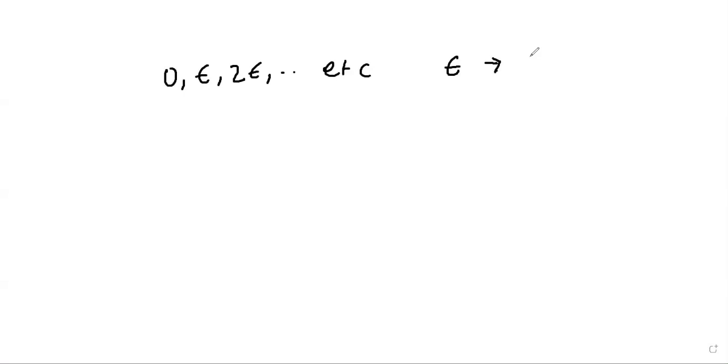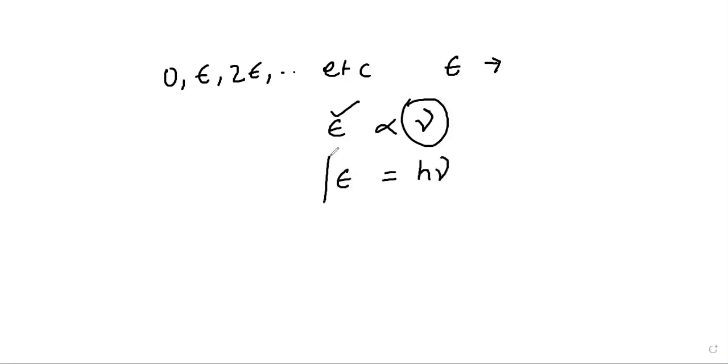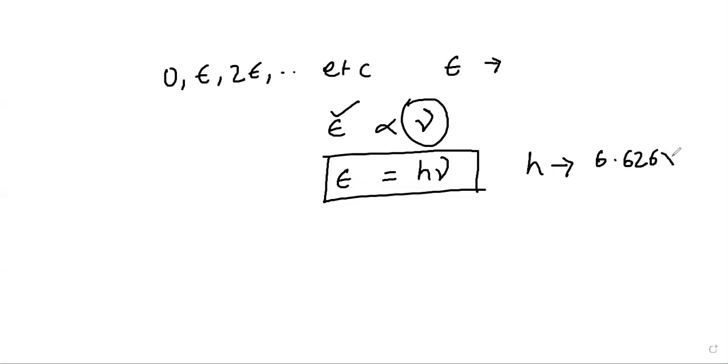So this energy is proportional to nu, the frequency, and we can write E equals h nu, where h is known as Planck's constant, given by 6.626 times 10 to the power minus 34 joule second.